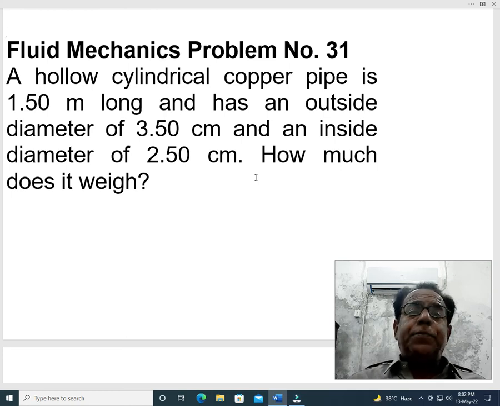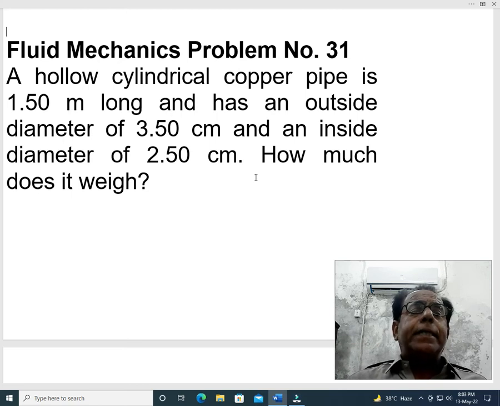Dear students, we are not primarily concerned with centimeter, we are concerned with meter. So definitely we will have to convert the centimeter into meter, okay? And an inside diameter of 2.50 centimeter, okay? Here again we will convert the centimeter into meter, okay?